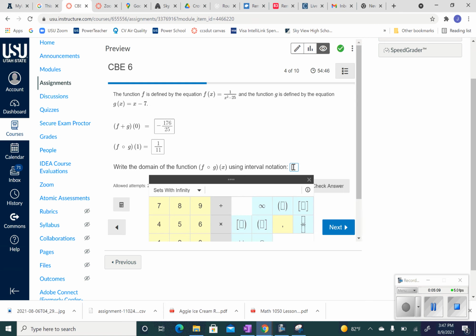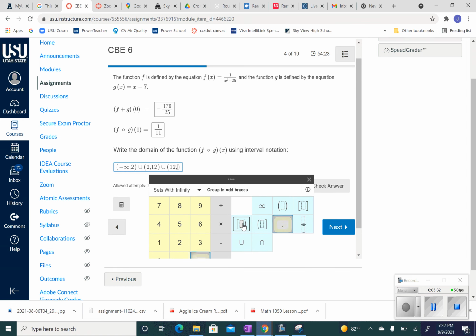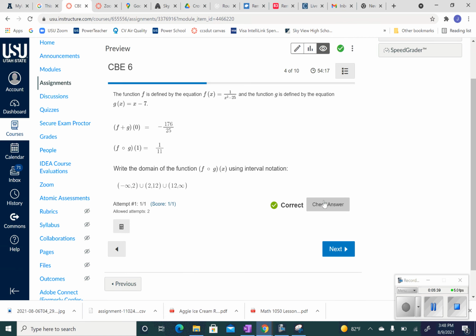With our domain then, we said it went from negative infinity until we got to 2. Okay. Then it went from 2 to 12. Oops, don't forget the union sign there. And then we went from 12 to infinity. All right, let's check our answers. Looks good.